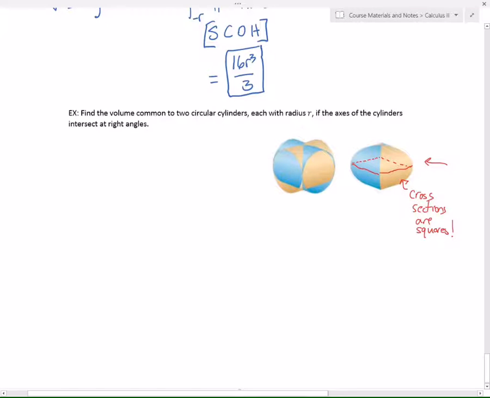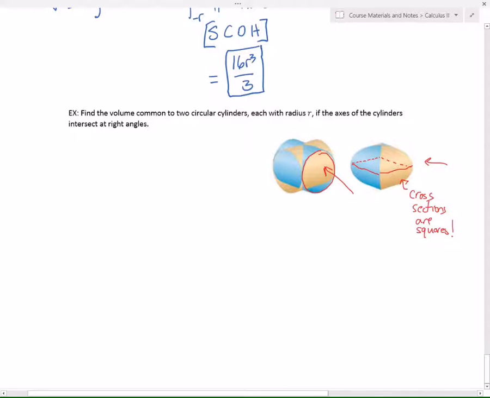Okay? So what I'm going to do is look at this thing looking down this tube right here. I'm going to look down that angle as though I'm looking through this circle right here.